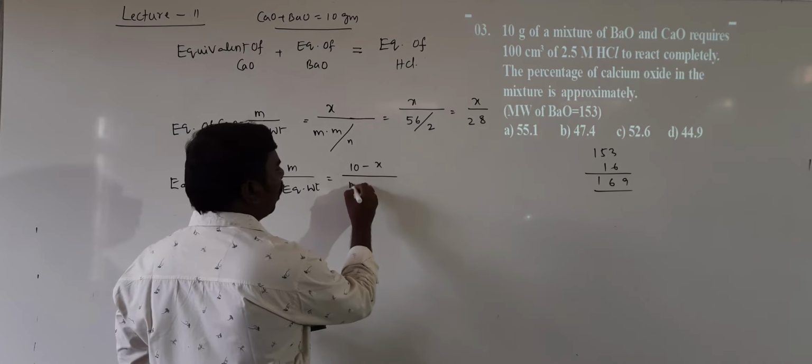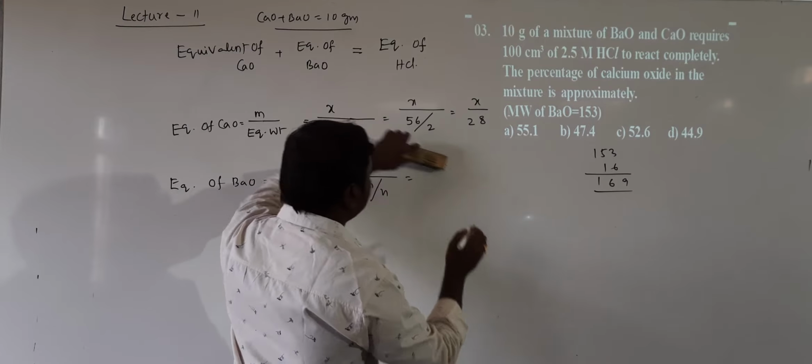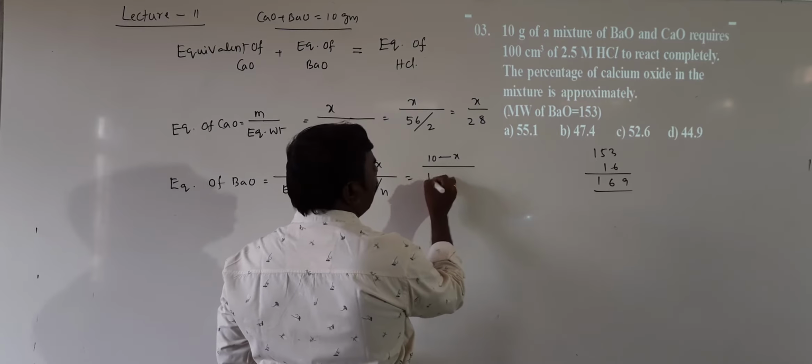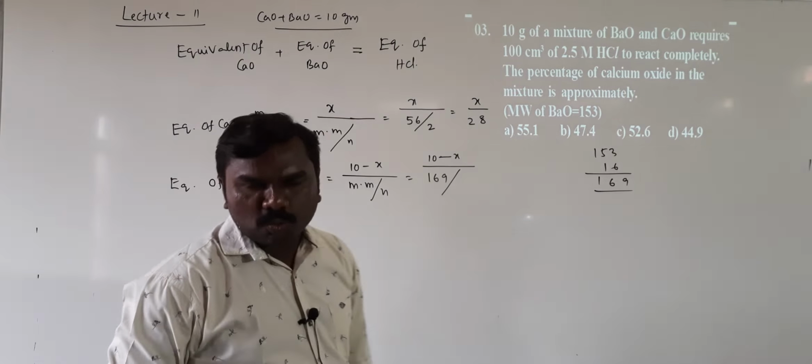Here also molar mass by n factor: 10 minus x by 169 by 2.